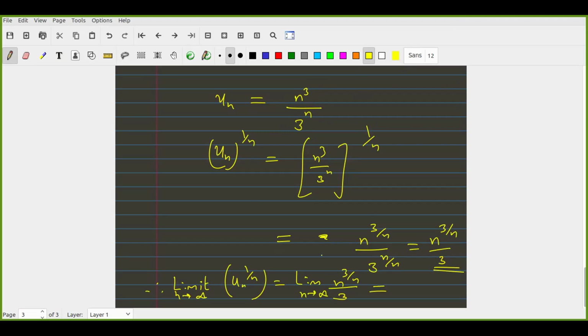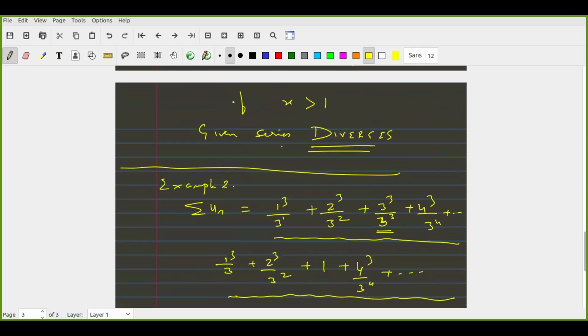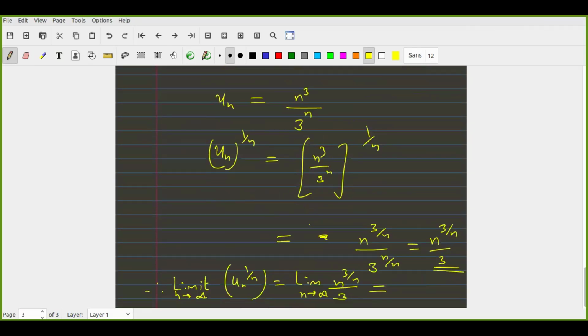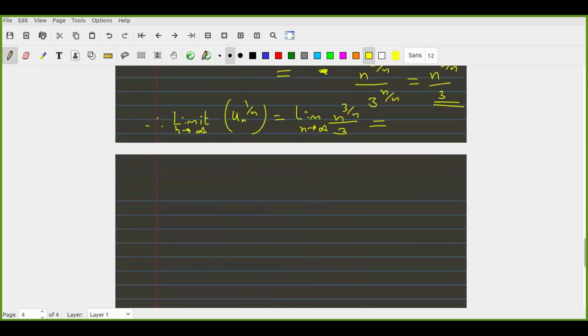We just use the same bracketed fact, n power 1 by n tends to 1. You see how we use it? This can be written as (n power 1 by n) the whole cube, divided by 3, as n tends to infinity. So n power 3 by n could as well be written as (n power 1 by n) the whole power 3.